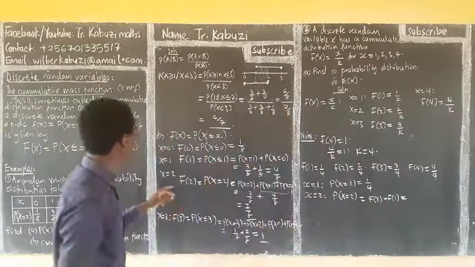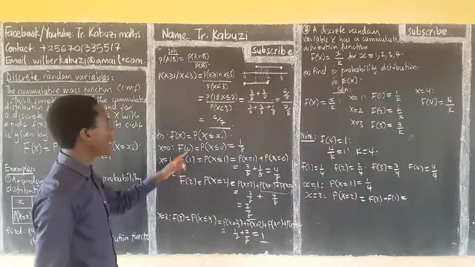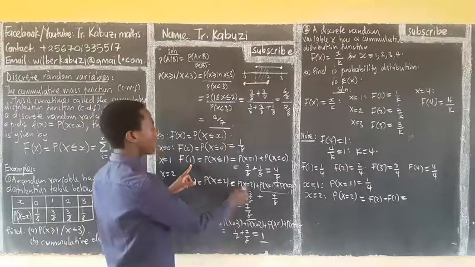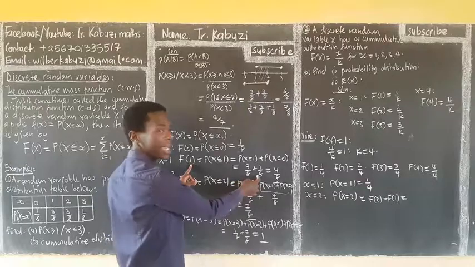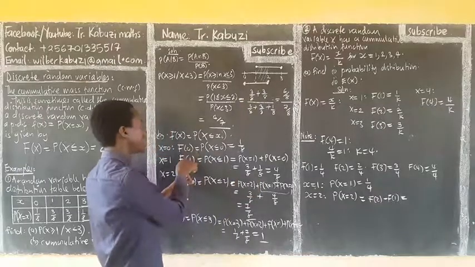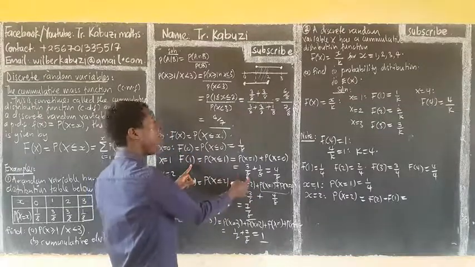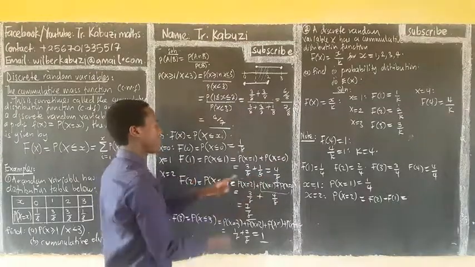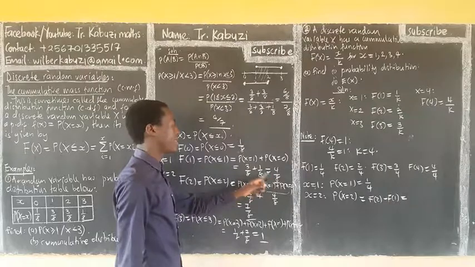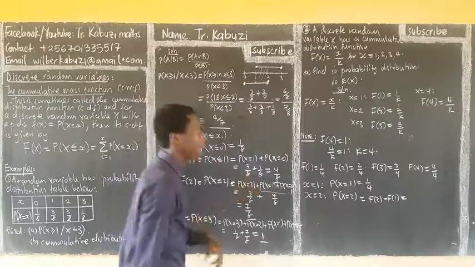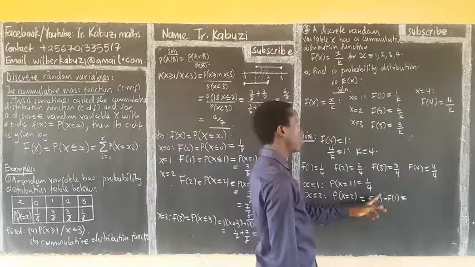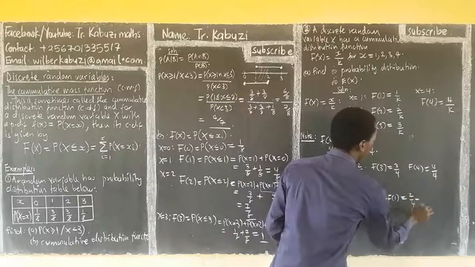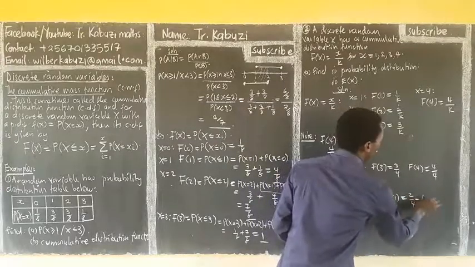Why? Because F of 2 is always combining the first and the second. So to get this, you subtract, and that's why I get F of 2 minus F of 1. My F of 2 was 2 over 4, minus F of 1, which is a quarter, and this gives me 1 over 4.